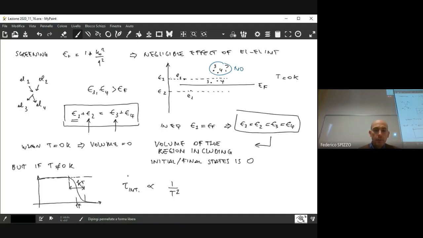At this point, to evaluate this relaxation time, we would need here a coefficient. Now, this coefficient can be found just in the text.